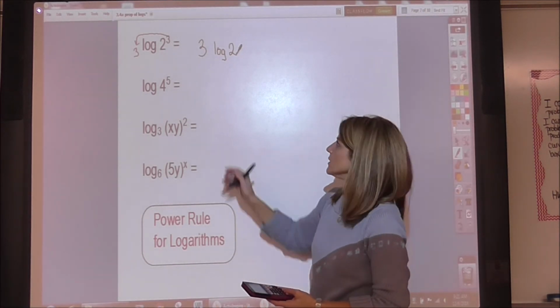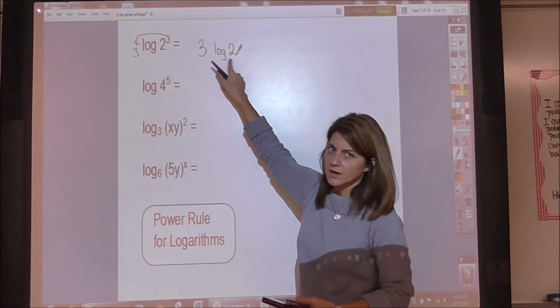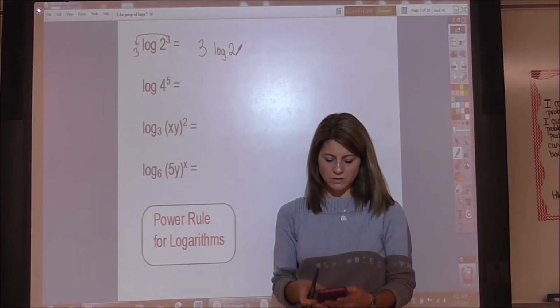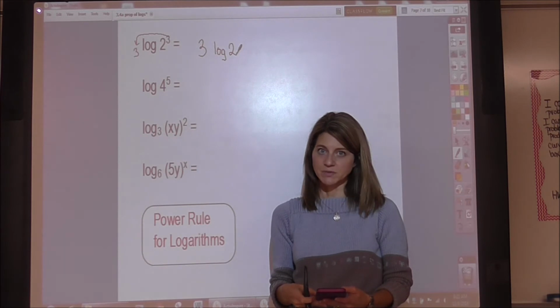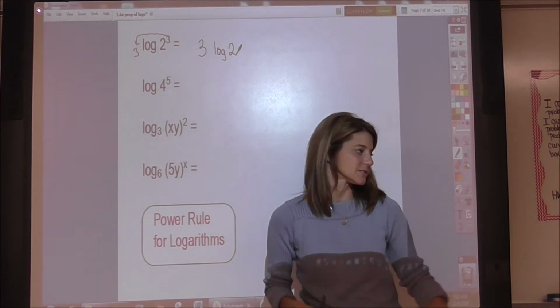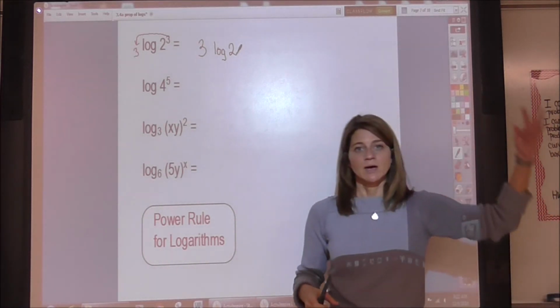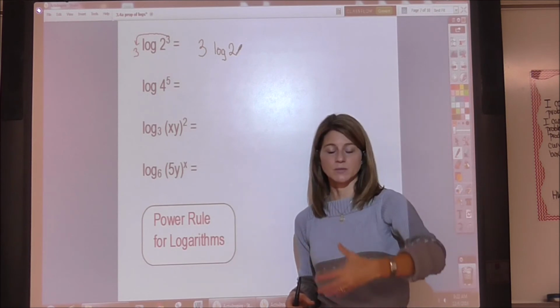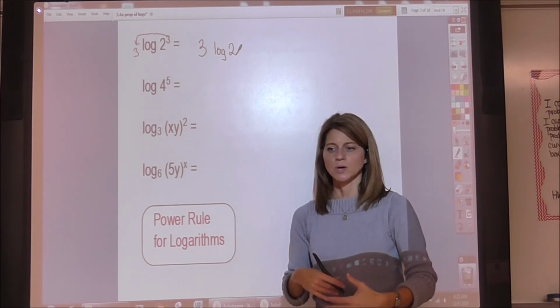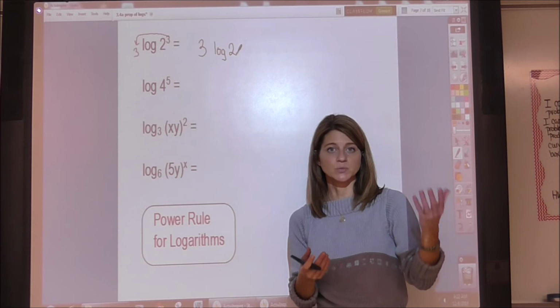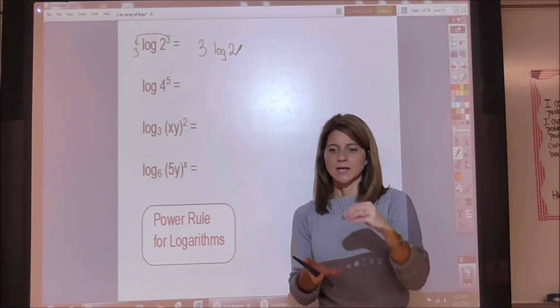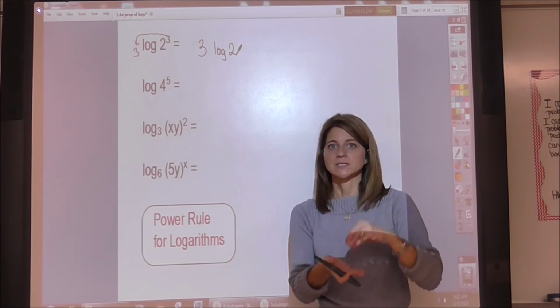Now go try this other one. Type in 3 times log of 2. Same thing? It is. All right. So when you have a power, it actually comes down and becomes a multiplying. Do you remember when you raise a power to a power, that's when you multiply? If you had x to the third to the fourth, that's x to the 12th.